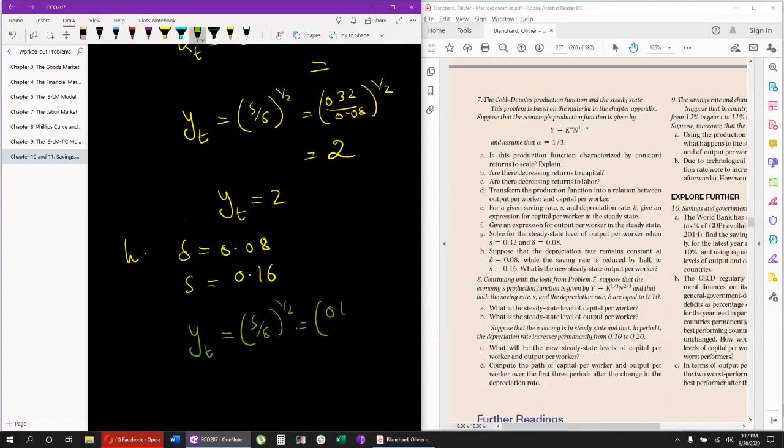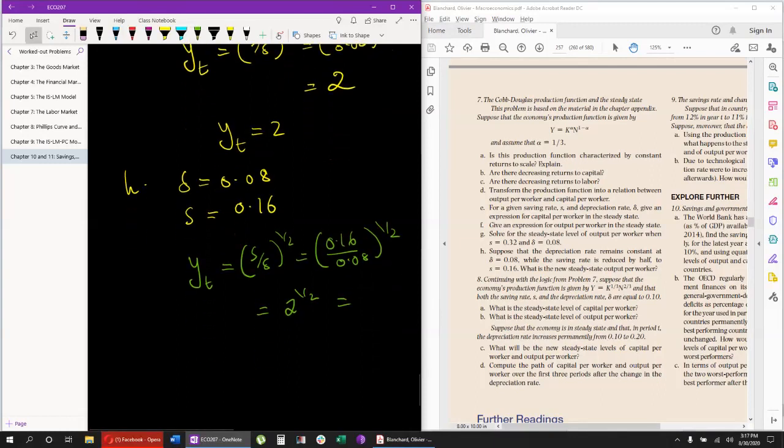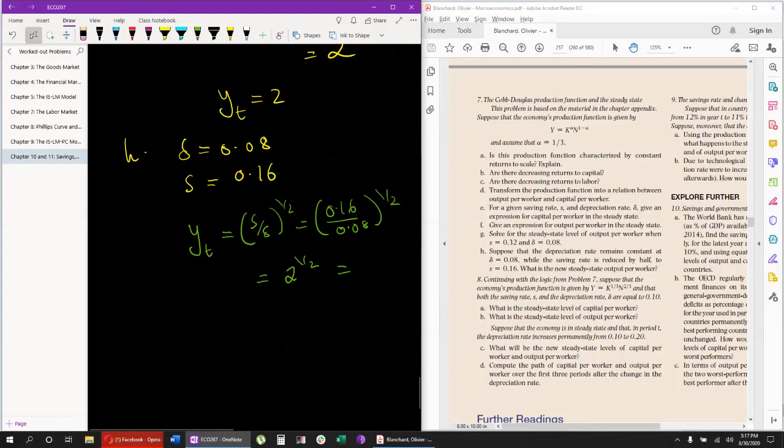So we have (0.16 by 0.08) to the power half, which is 2 to the power half. So however much that is, you guys can use your calculator and find that out. It'll be 1.41 something. That's it. That's the end of question 7. Let's move on to 8.